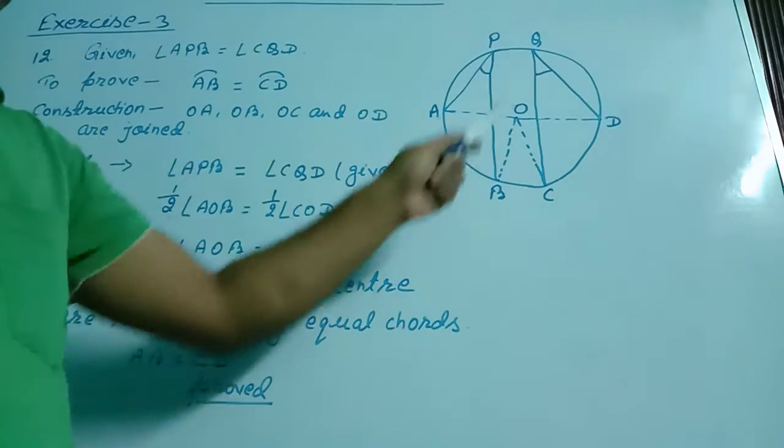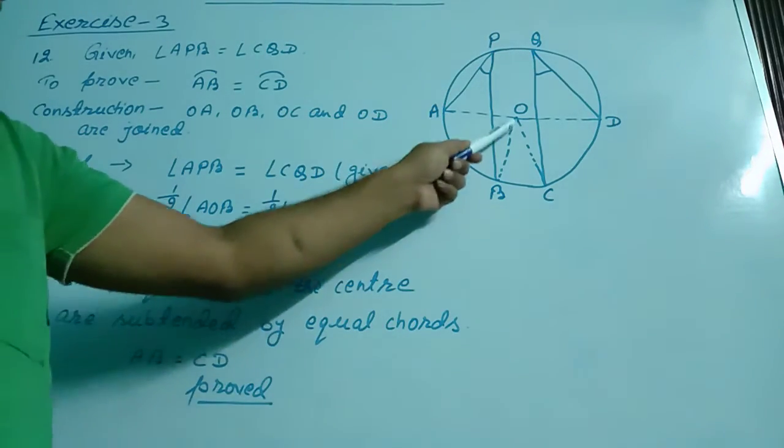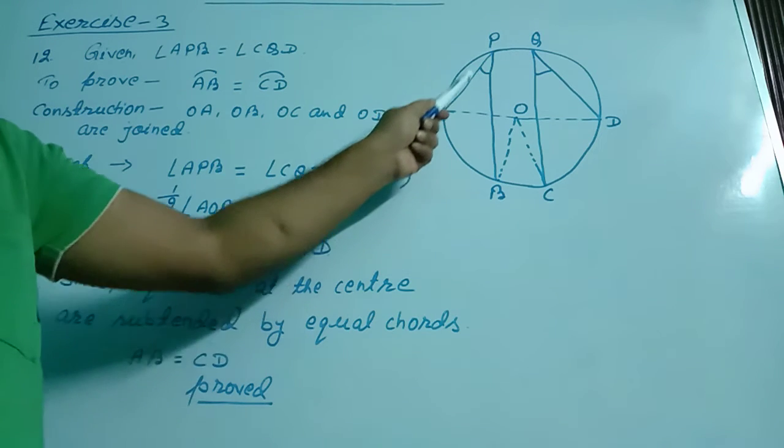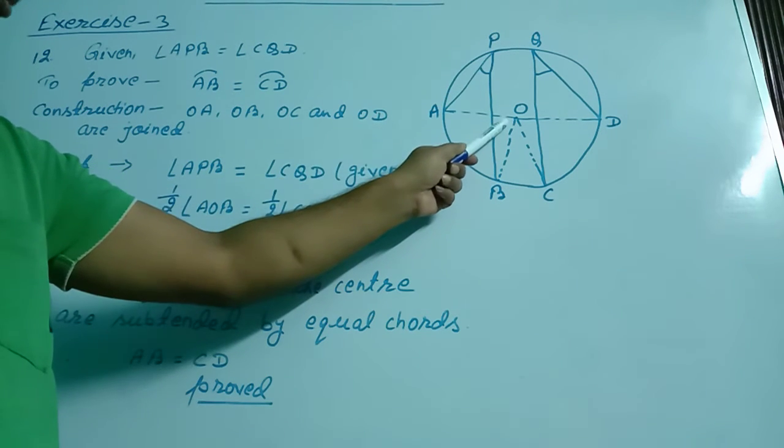Since these two are equal, therefore we can write half of angle AOB, because angle at the circumference is half of angle at the center.